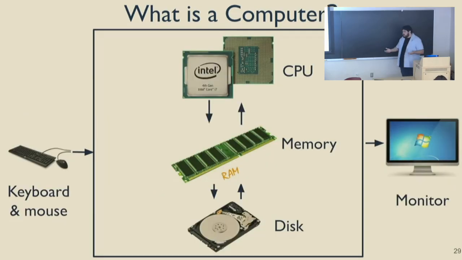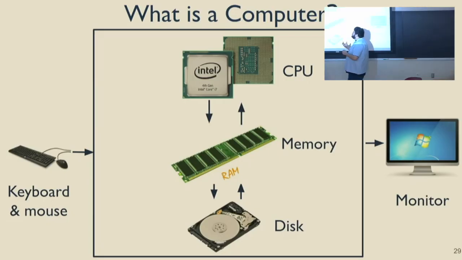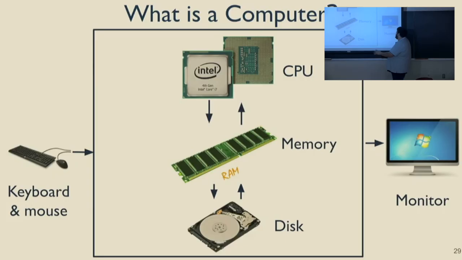What does that look like? This looks something like this, right? So many of you that have used a computer before, you have some sort of input device, whether it's a keyboard or a mouse. If you move around your mouse, you're giving some information to the computer. If you're typing things in, you're putting things into the computer, right? Some letters. Then the computer, using its own technology, will understand what you put, work with the disk and the memory, and finally give you what you needed out here on the monitor.